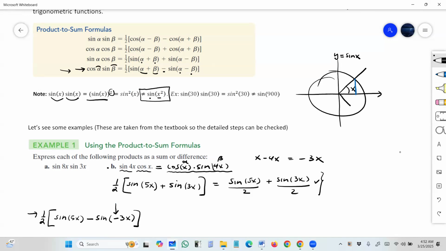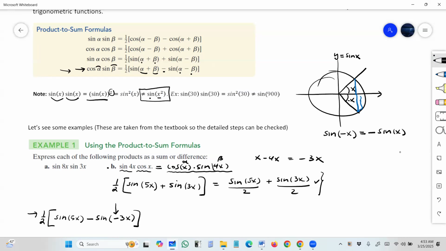The negative angle has this sign, which is negative, because it's below the axis. So then I know that sine of negative x is equal to minus sine of x.